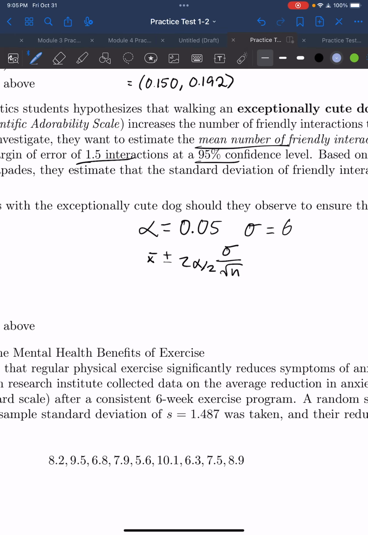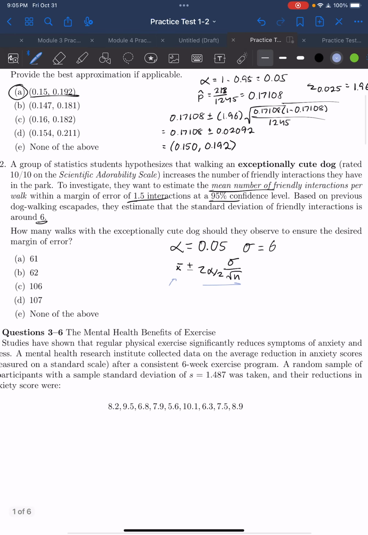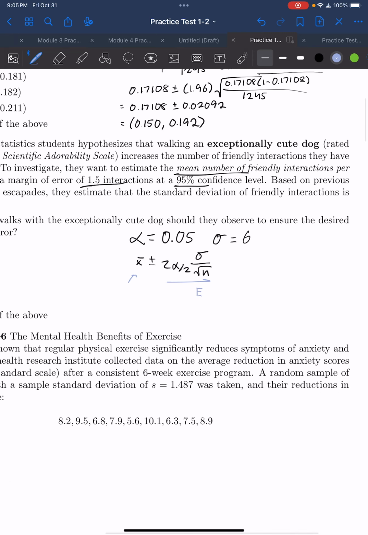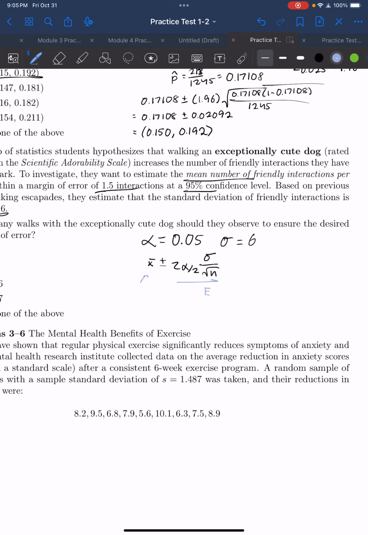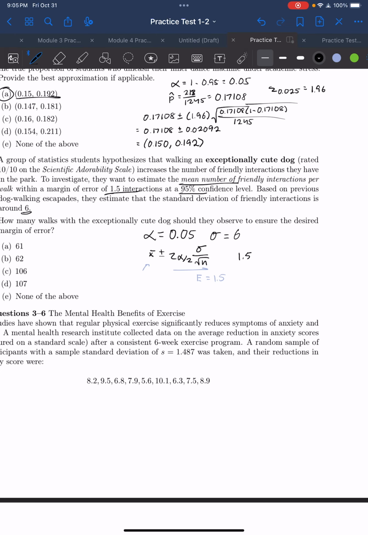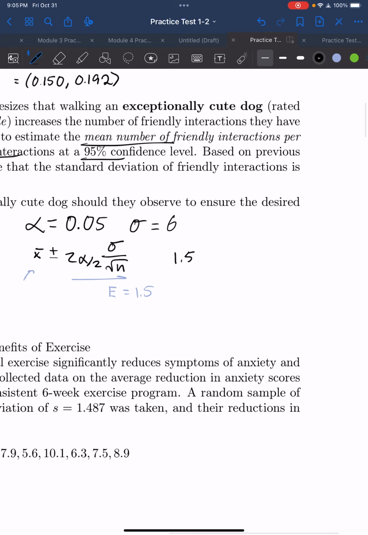And when we break this down, this is the value that we're estimating, and then this is our estimation for our margin of error. So this is our error over here. And so this is what we're going to set equal to our margin of error that we're looking for, which is 1.5. And so we can set this equal to 1.5 and then solve for our n. And then that's how many walks that we need.